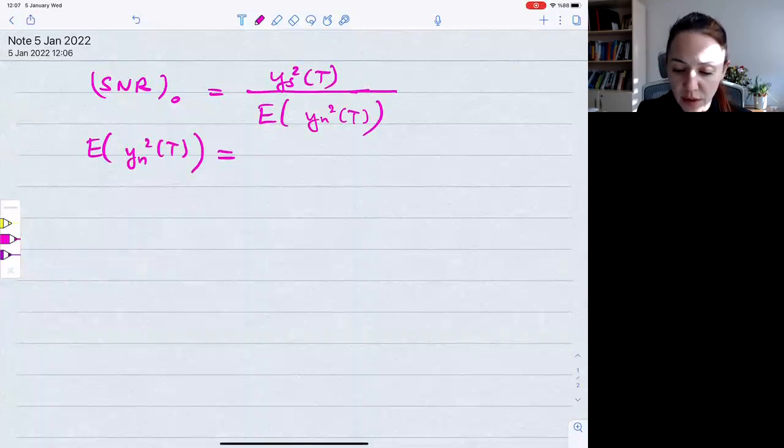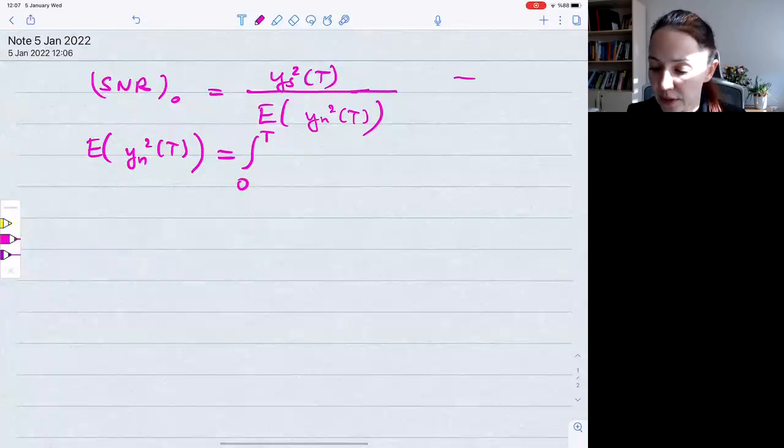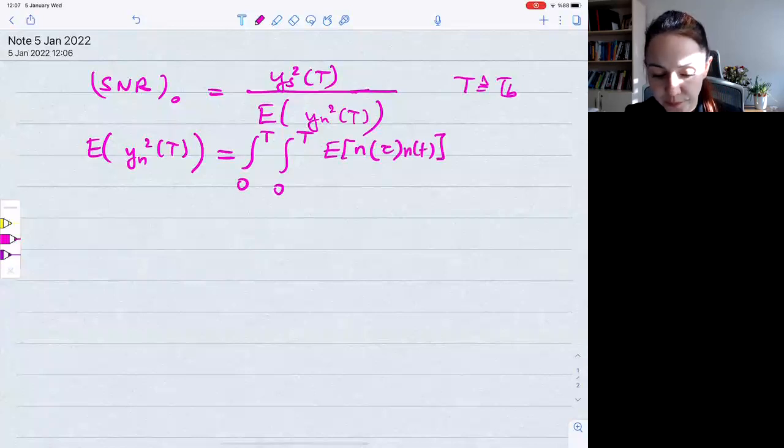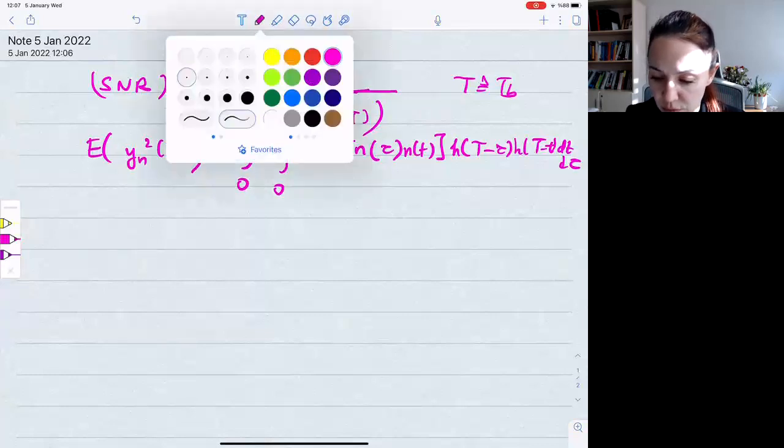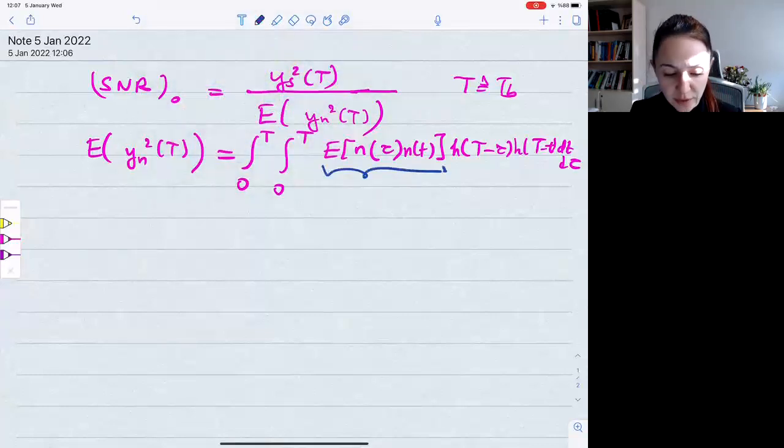This is the integral from 0 to T. Let's let T be Tb for convenience. Expectation of n of tau, n of t, h of T minus tau, h of T minus t, dt, d tau. Okay, so now what do we know about this expectation?